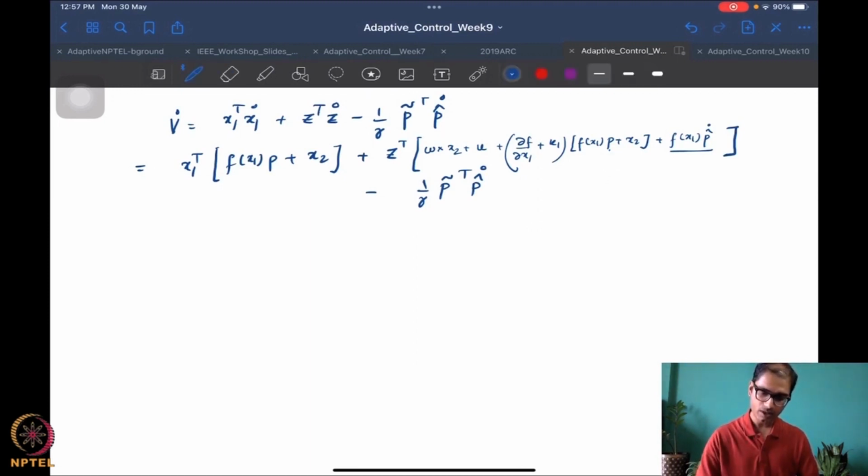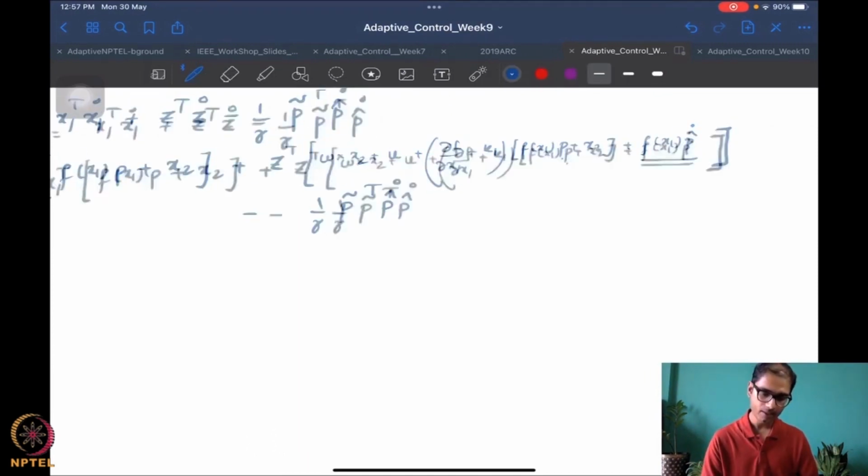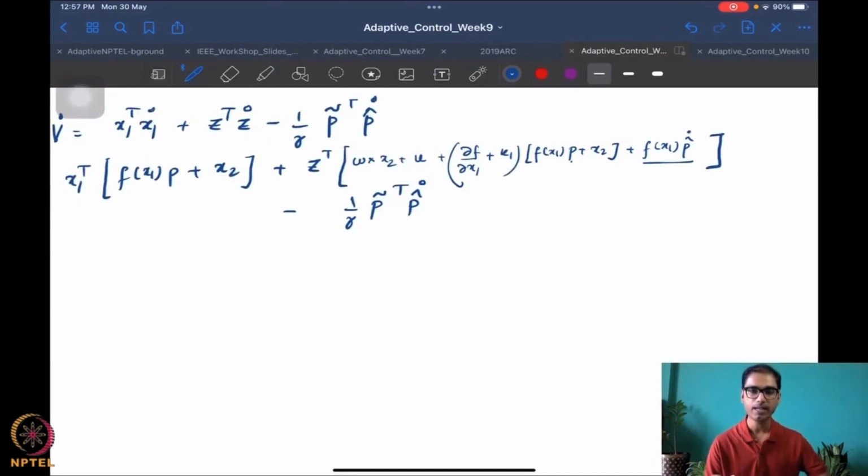So we are not quite worried about whether we can implement it or not. We can always use the control to cancel this p hat dot if we so desire, except now we are going to carefully club all the terms in the unknown. Let's first see how we can go about that.